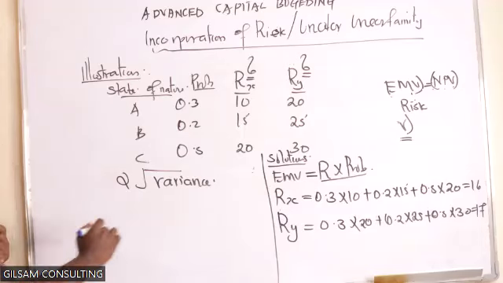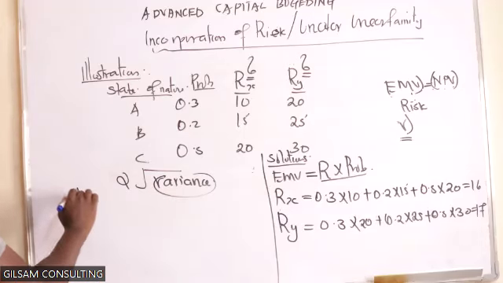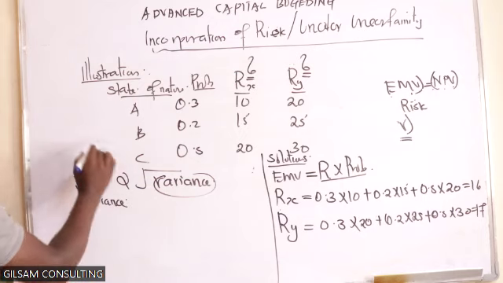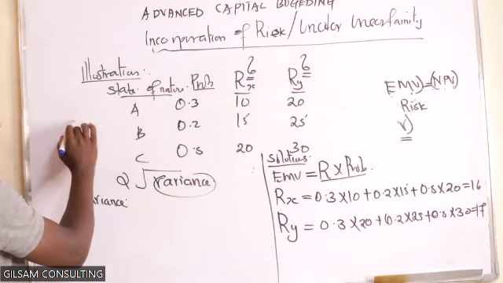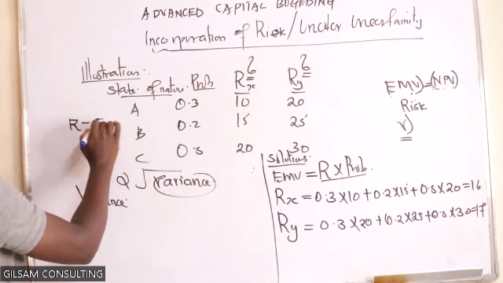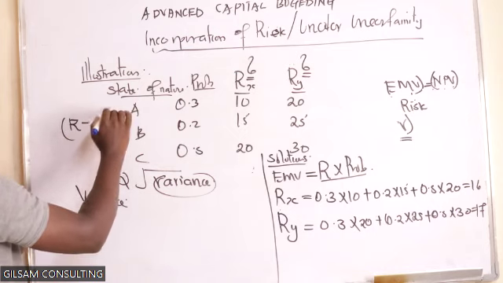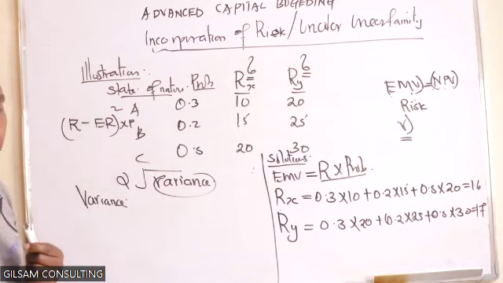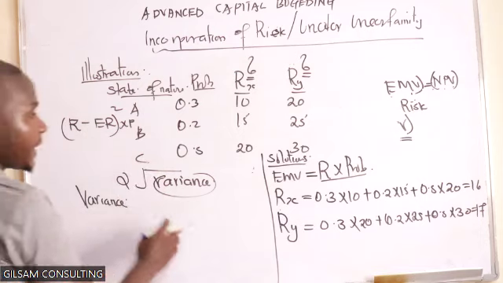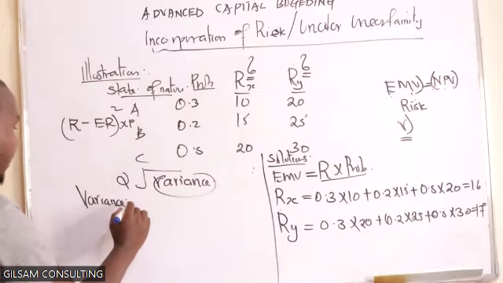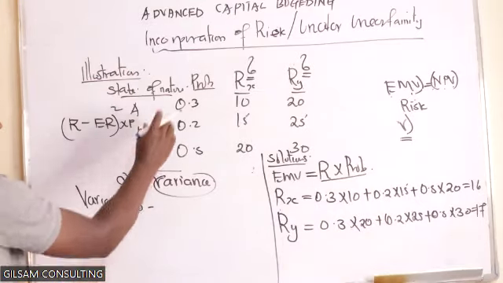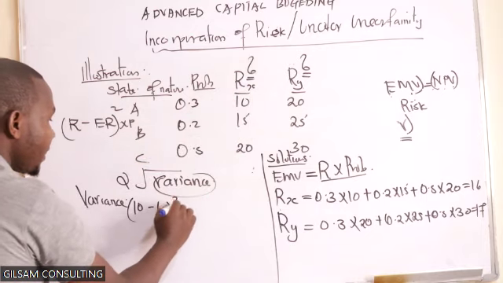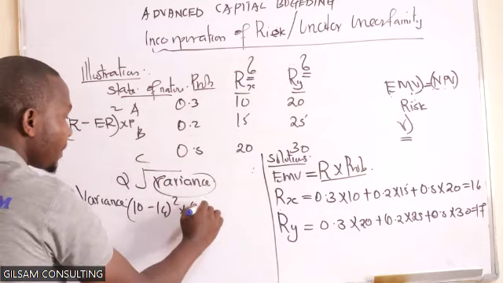So now let's calculate the variance first. The variance is the return minus expected return squared, multiplied by the probabilities. In our case, for project X, it is 10 minus 16 squared times the probability 0.3.